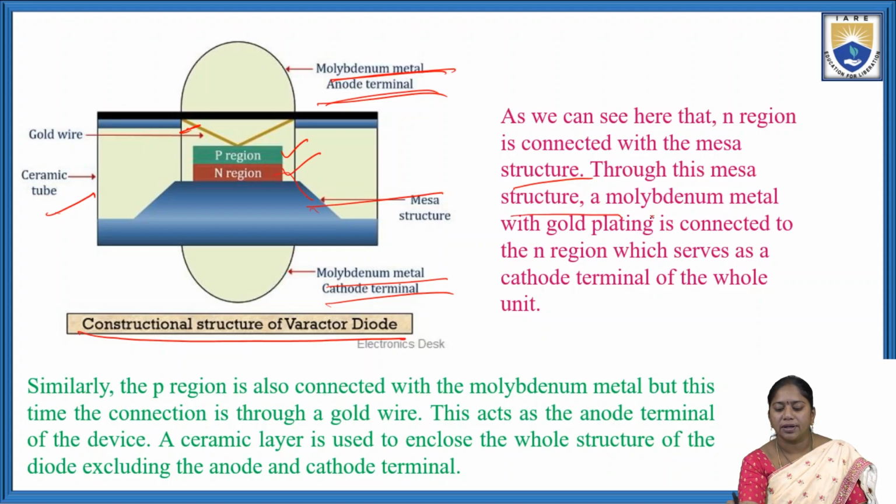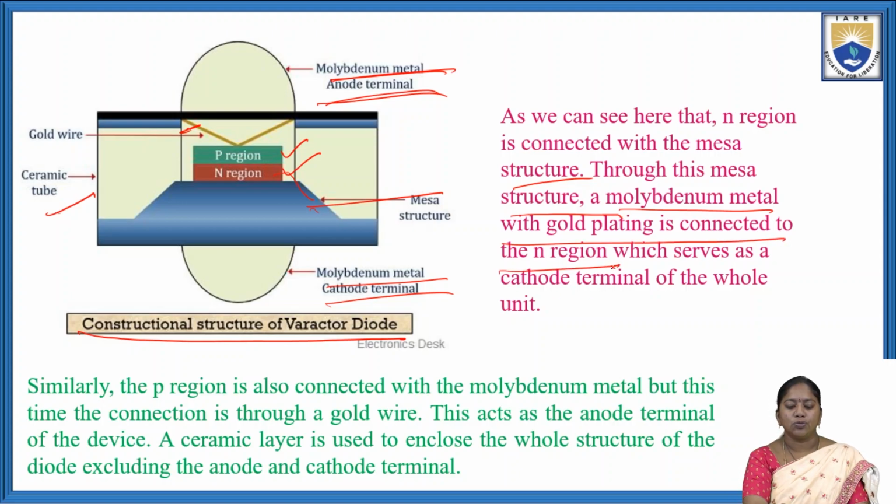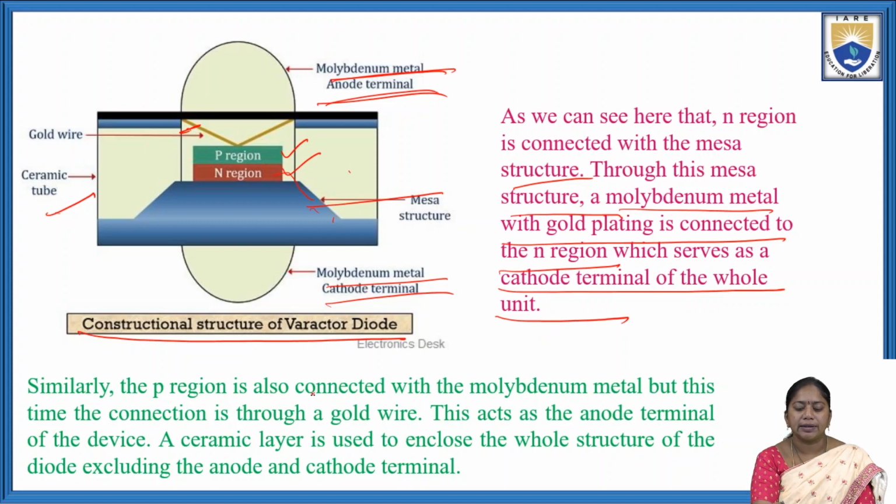Through this mesostructure, a molybdenum metal with gold plating is connected to the N region, which serves as the cathode terminal of the whole unit.